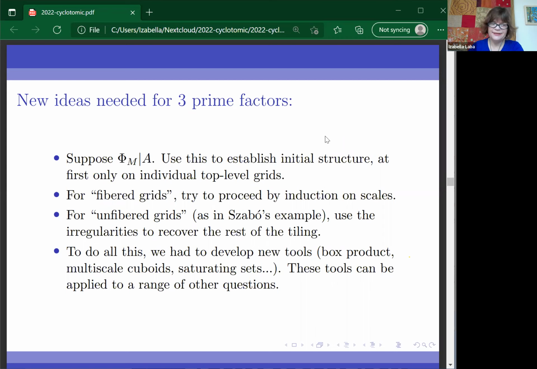To do all of that, we needed to develop a lot of new tools: something called the box product, multi-scale cuboids, something called saturating sets, and so on.